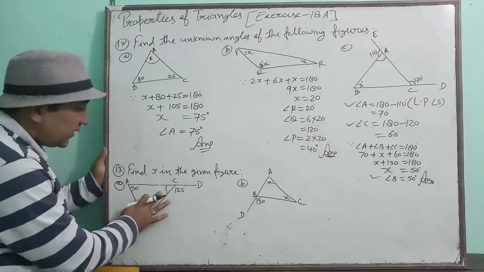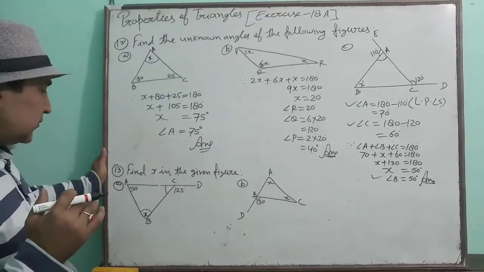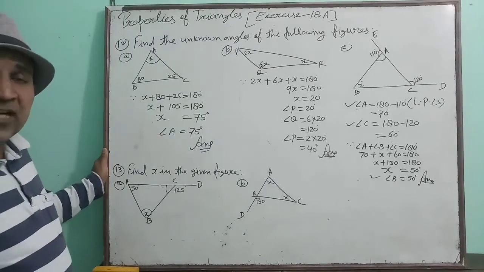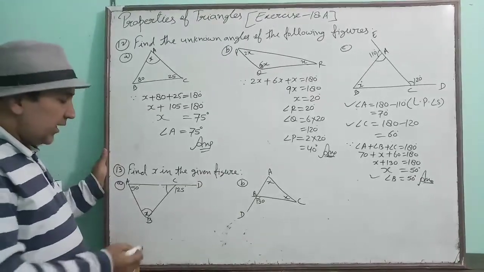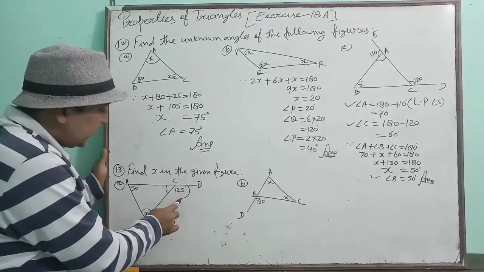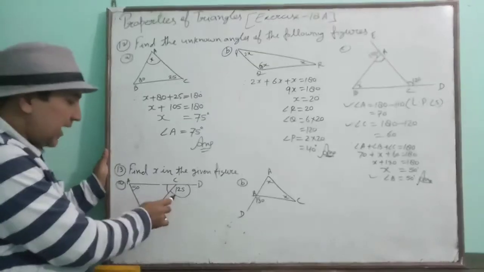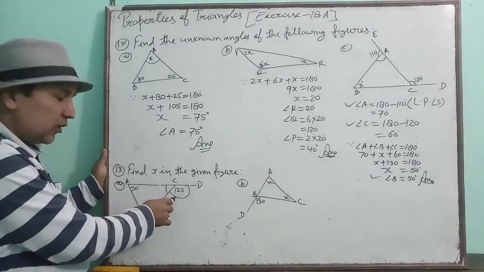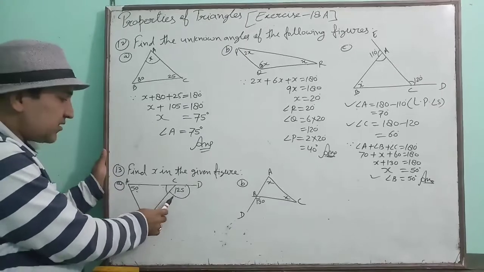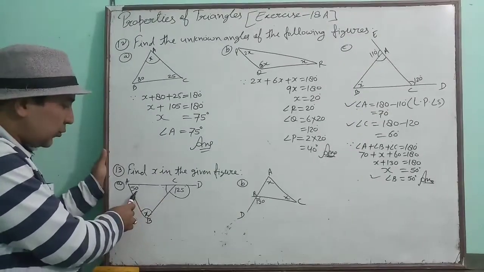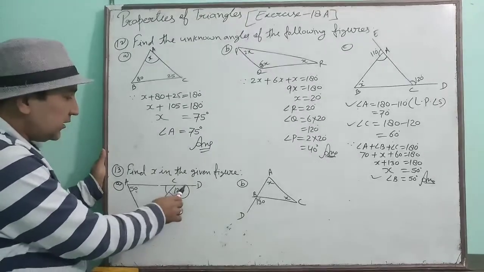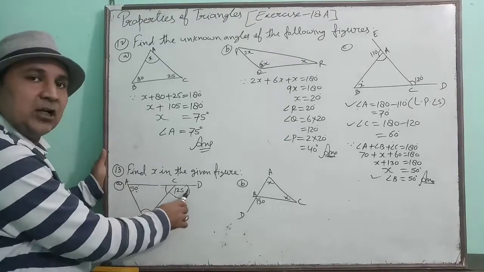But I am going to tell you one property which is called the exterior angle property of a triangle, that we have studied earlier also. If one side of a triangle is extended, then this angle is called the exterior angle. An exterior angle of a triangle is equal to the sum of two interior opposite angles. That means this 125 will be equal to the sum of 50 and x. The reason is this angle is the exterior angle of the triangle.